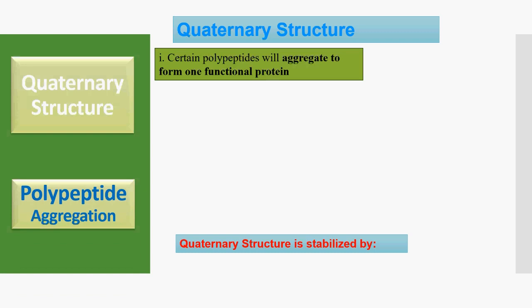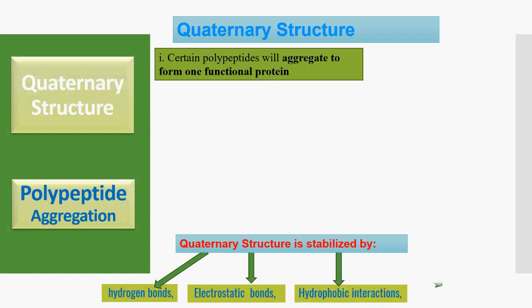Certain polypeptide chains, as I mentioned in this box, will aggregate to form one functional protein. It can be 2, 3, 4, or more. Again, the bonds between these polypeptide chains are non-covalent forces, which can be hydrogen bonds, electrostatic bonds, hydrophobic interactions, or van der Waals forces.